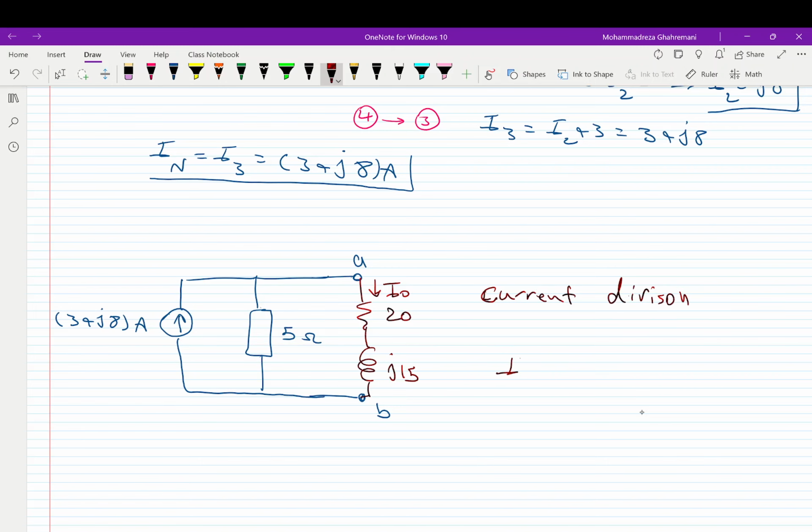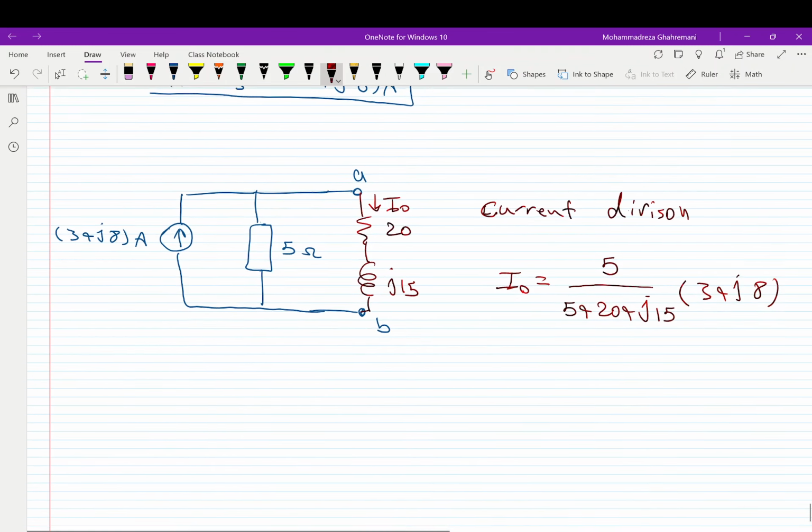We can say IO is equal to 5 over 5 plus 20 plus J15 times 3 plus J8.